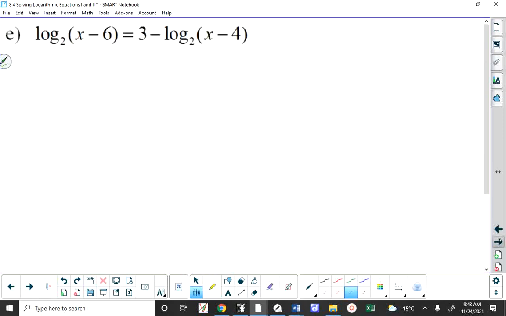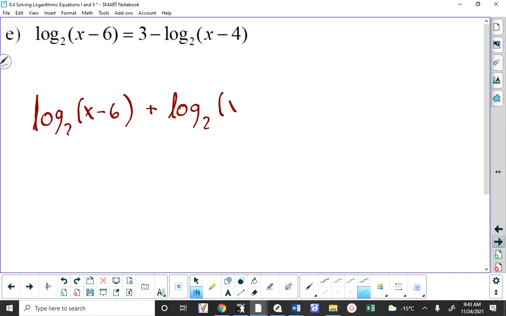Another one where we have two logarithms and a non-logarithm, so we collect the logarithms on one side and non-logarithms on the other, and I get log base 2 of x minus 6 plus log base 2 of x minus 4 equals 3.